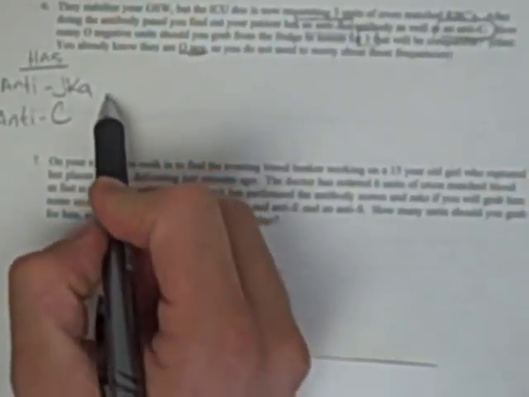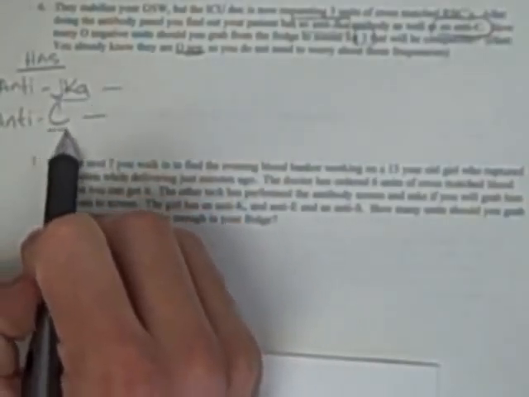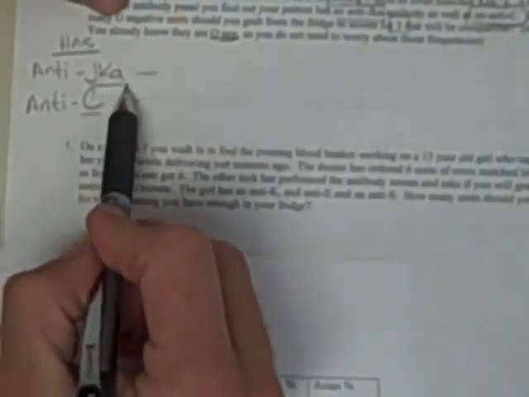So what I need to do is find out how many of these people, or what the compatibility rate is going to be with JKA and big C. So we go back to what we talked about just a second ago, where we look at our antigen frequency charts. So I need somebody who's going to be negative for JKA.